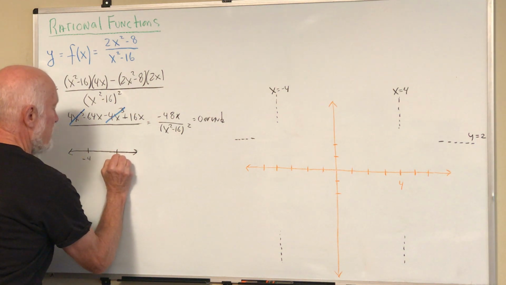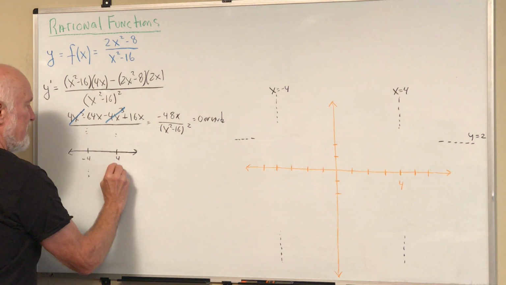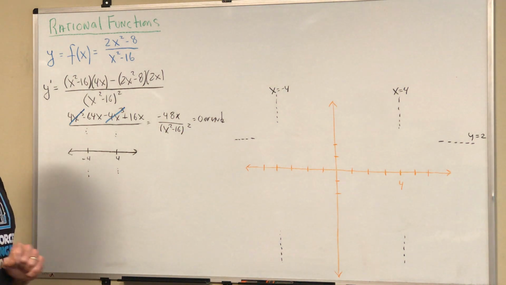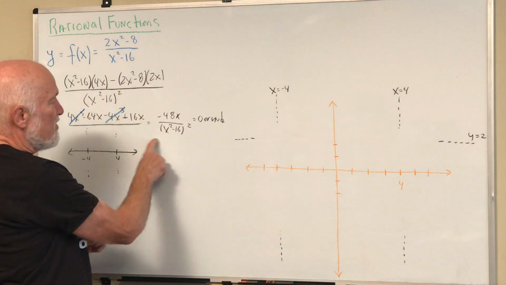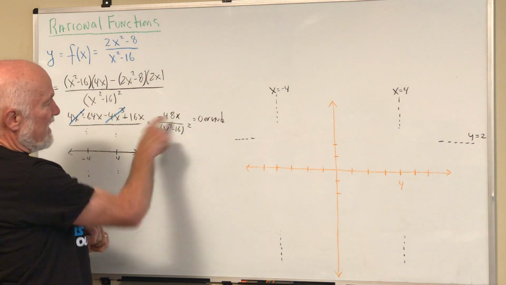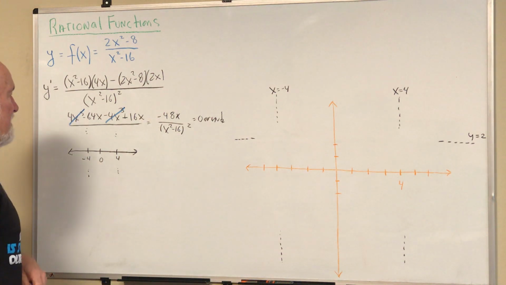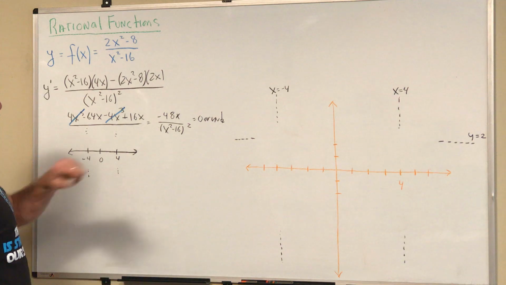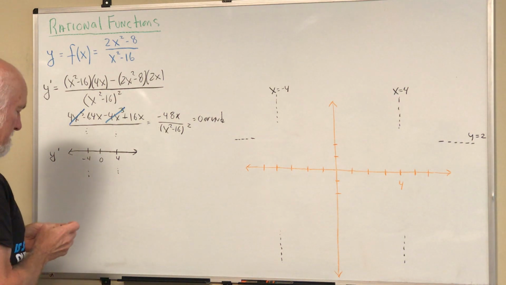So what I do, I just make little asymptote marks there just to remind me that those aren't going to be local maxes or mins. Now, where is the derivative going to be 0? I think x equals 0 is that spot. And then I just plug numbers in to see whether the derivative is positive or negative in those areas.